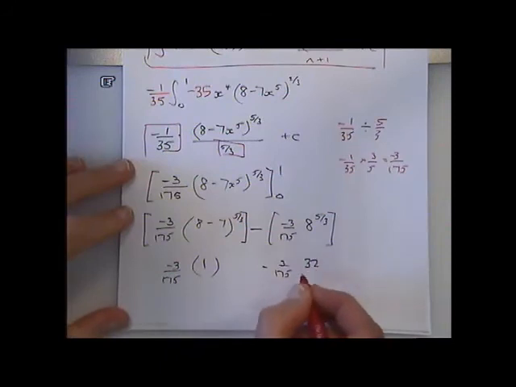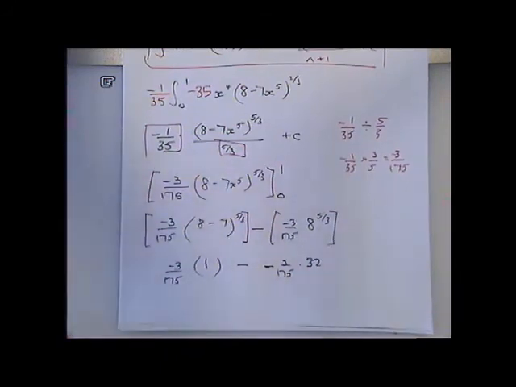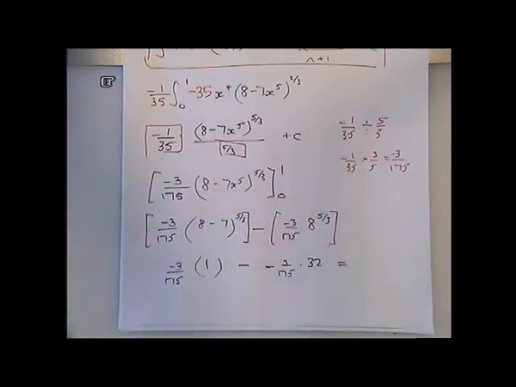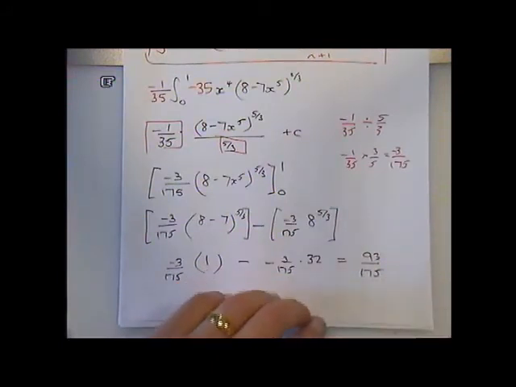Yeah, so it's a 32 in there. Okay, that was a negative. There's a taking away sign between them. You could take the 3 over 175 out as a factor. If you bung that into a calculator, because your brains have probably gone to mush now, you should get an answer of 93 over 175. Okay?